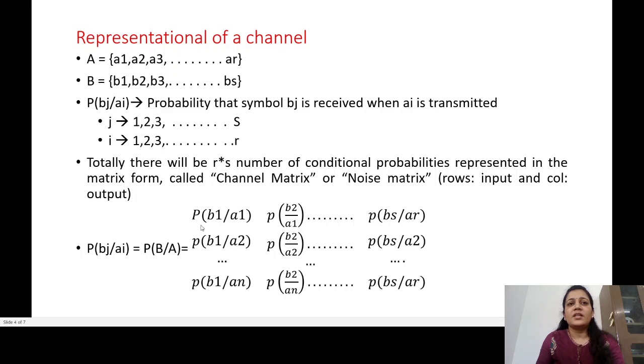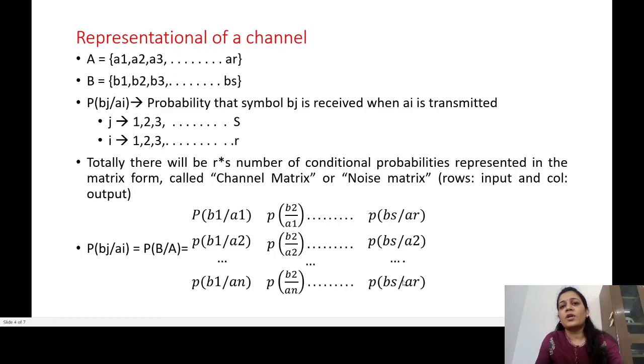So now we can see that the first row gives us the probability of receiving various outputs when A1 is sent. Similarly, the second row says what is the probability of receiving the various output symbols when A2 is sent. Similarly, if I am considering R number of input symbols, the last row always says the probability of receiving various output symbols when AR has been sent.